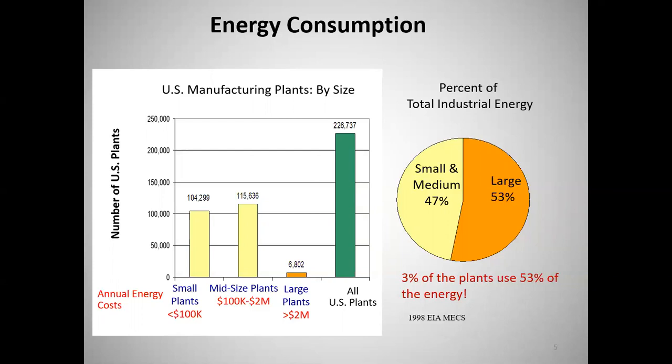But that 6,800 big guys, some of those plants, that hurricane hit around Port Arthur, Texas. The largest, Motiva has the largest oil refinery in the U.S., 600,000 barrels a day capacity in Port Arthur, Texas. I got to go down there for a week and look at their air compressors.